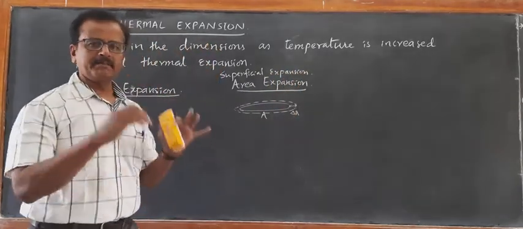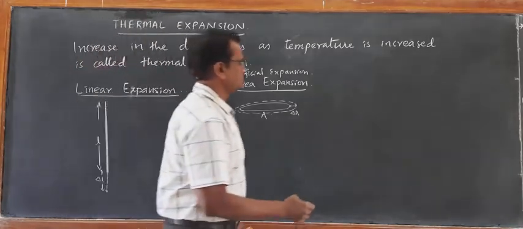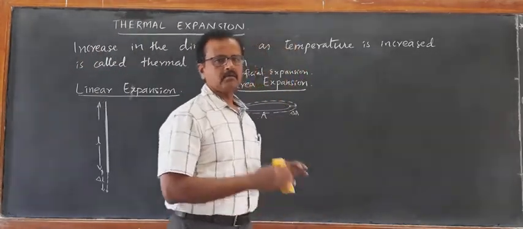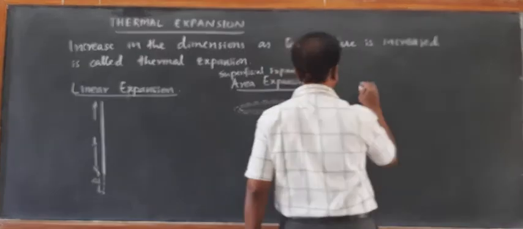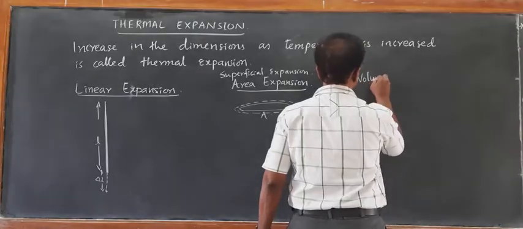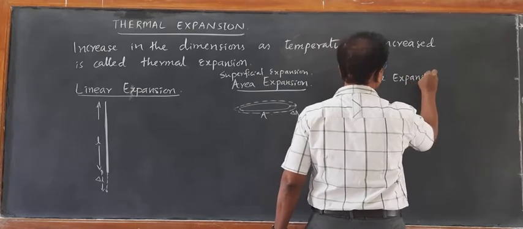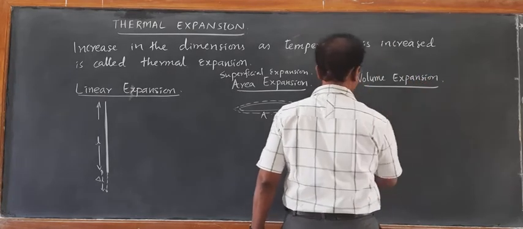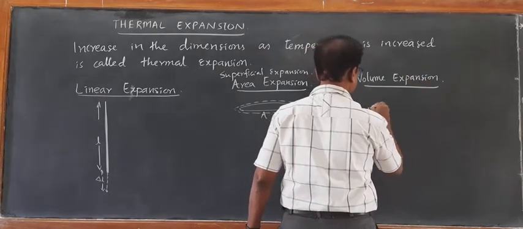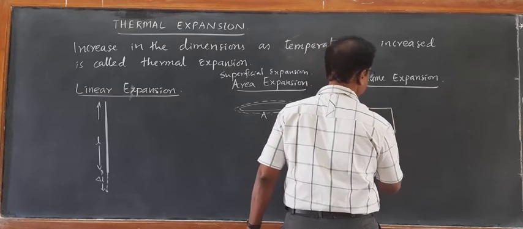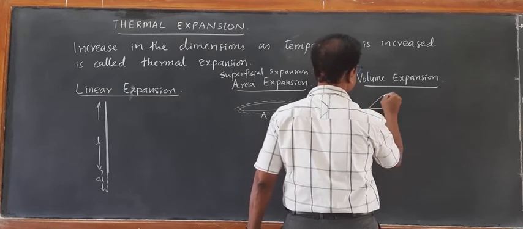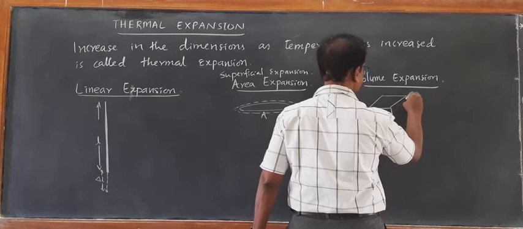Then if you take bulk material like a cube or a cuboid or a sphere, then entire volume expansion takes place. Volume expansion. If you consider a cube, length, breadth, height, the entire thing expands.